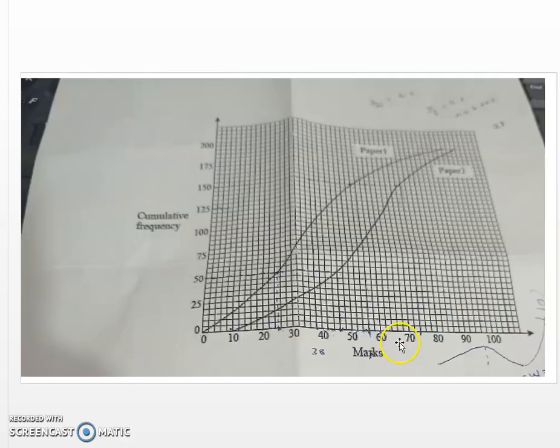So we focus on the median mark. If you look at the median mark for this estimate, you observe that for paper 1, the median mark ends at 70.